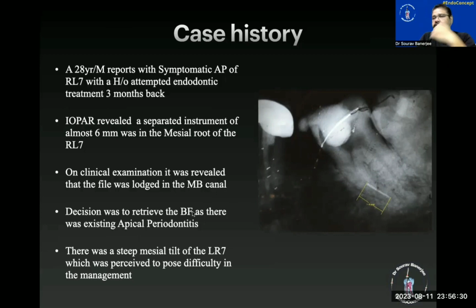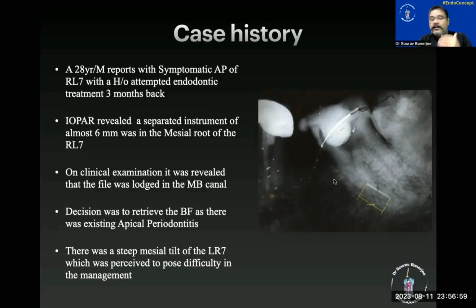So the decision for retrieval was made because the patient was having apical periodontitis. And one more thing that was appreciated in this radiograph was that the 6 was missing, and the number 7 tooth was quite mesially inclined, encroaching upon the missing space of 6.